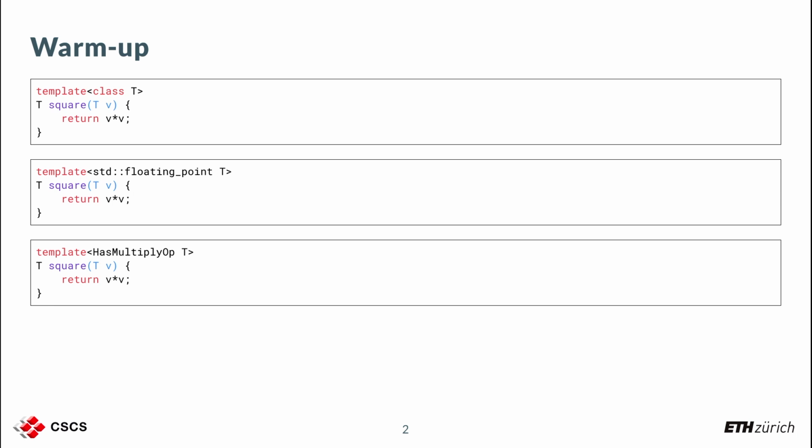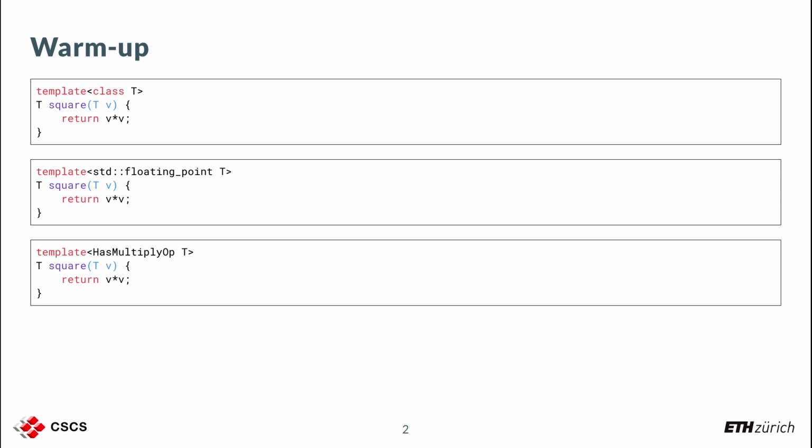Now we make very explicit what the concept is about: multiplying floating point numbers. You might argue now it's maybe over-constrained because probably that function could also work for integers. Now I cannot do that. The last is another example. I introduced the concept has multiplication operator. Now I made the first implicit concept explicit. This is all I require syntactically.